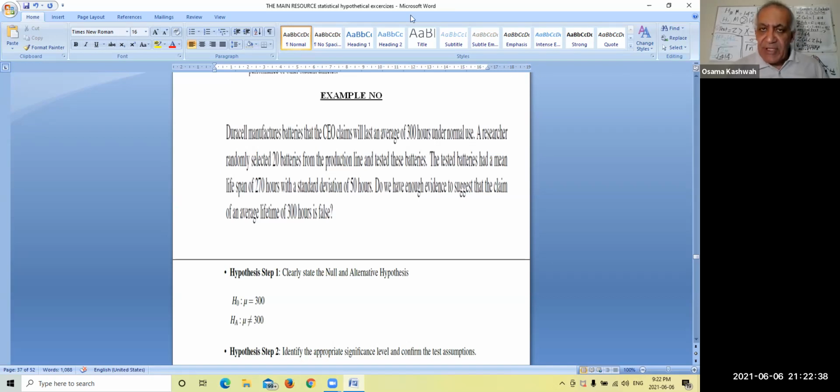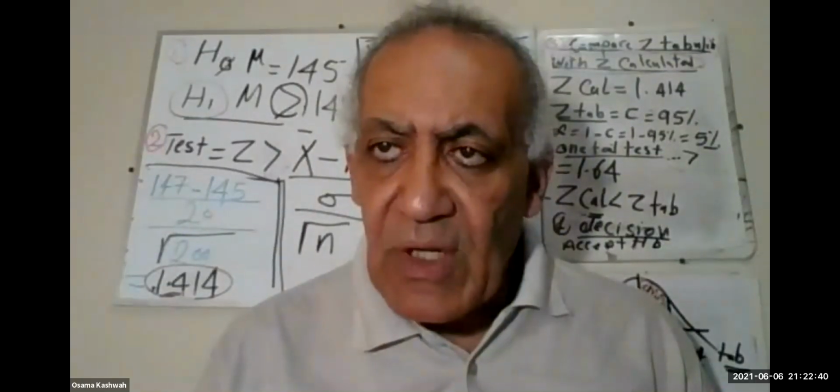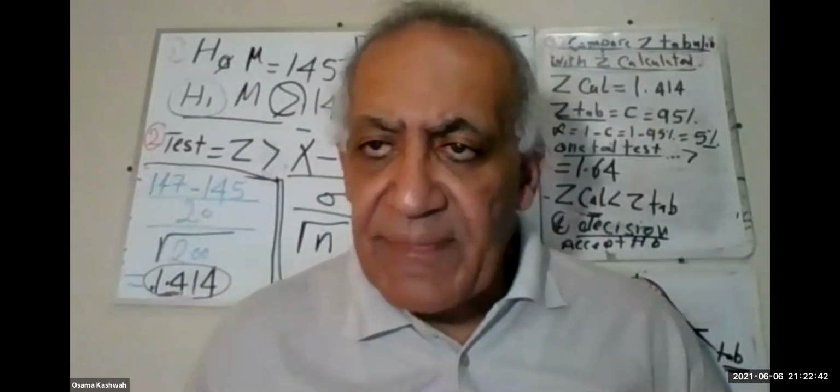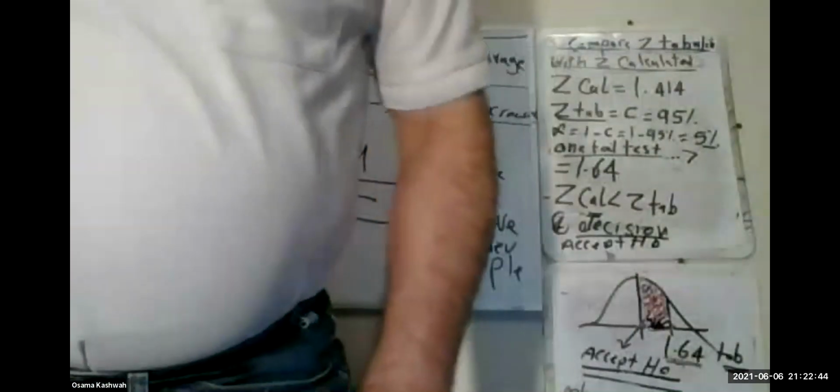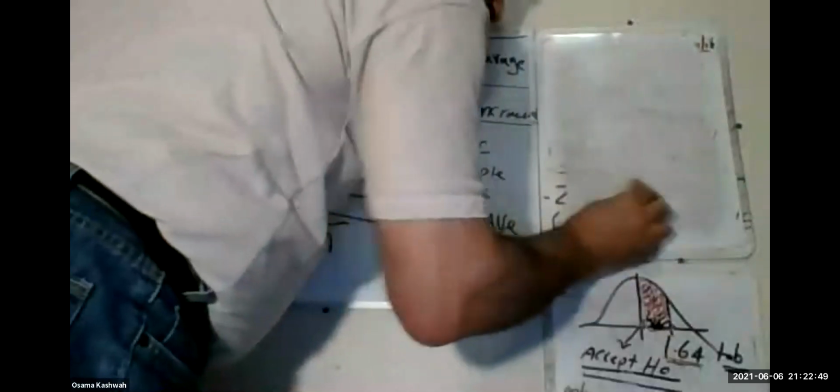Okay, let's see it. The average of hours is 300. So let me stop sharing, and go to the example here, and we'll take it point by point, like we did in the past one.